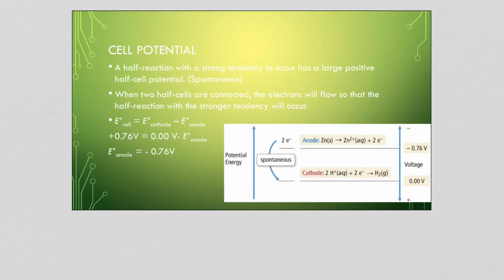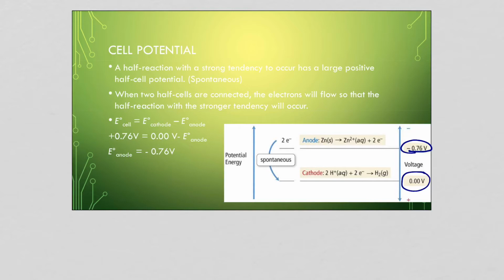So, in this case, the anode, the zinc, had a higher tendency toward oxidation, and so it had the negative 0.76. The cathode, the SHE, that's a 0 voltage, right? But what we saw was reduction of the SHE and oxidation of the zinc. So that means that the zinc had a more negative reduction potential, and the absolute value there was 0.76.